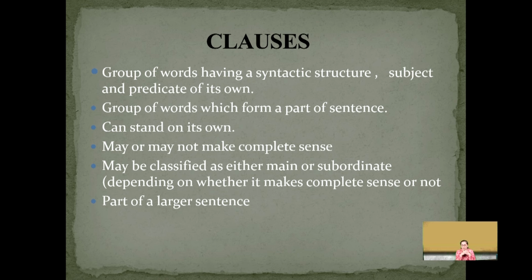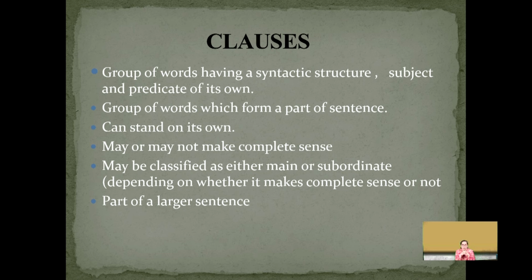So when we talk about the clauses, we are very clear about one thing, that these are groups of words which have a proper syntactic structure. They have a subject and a predicate of their own. At the very outset, you very well know the two parts of a sentence: the subject and the predicate. So this kind of group of words can also stand on its own.